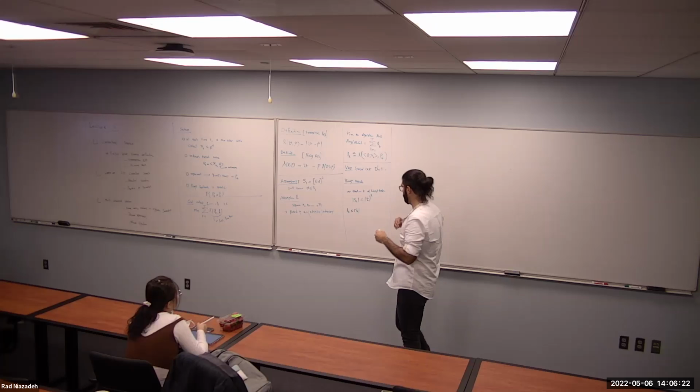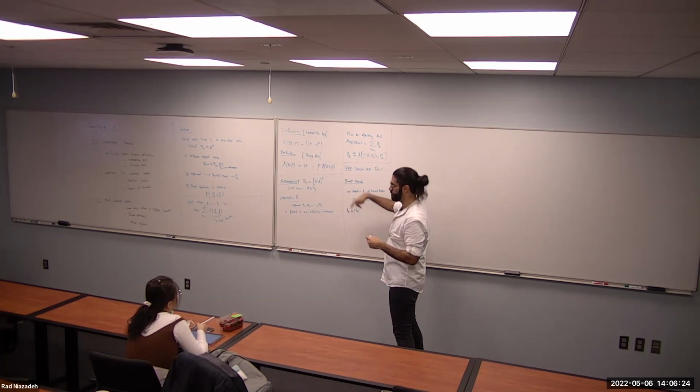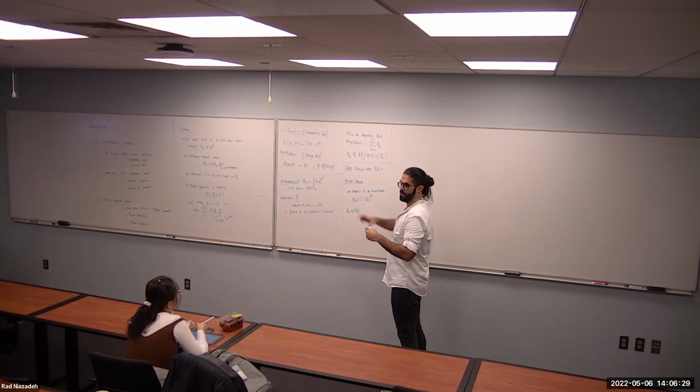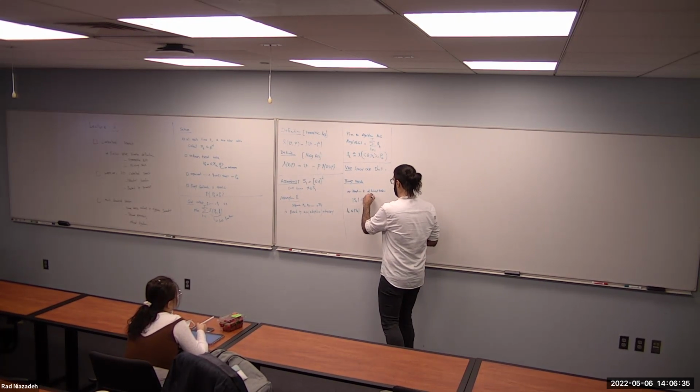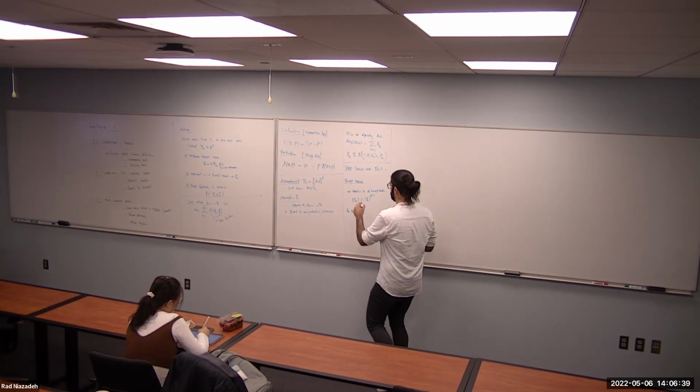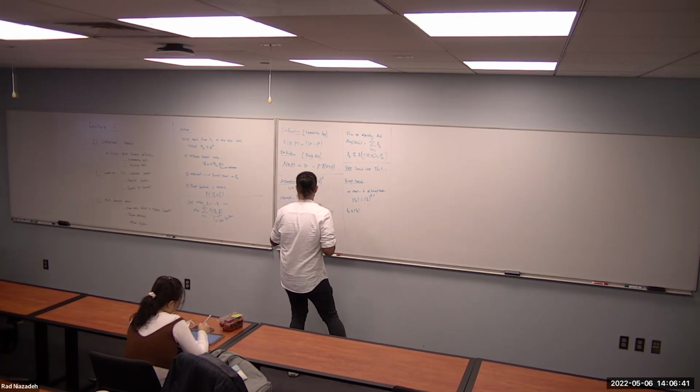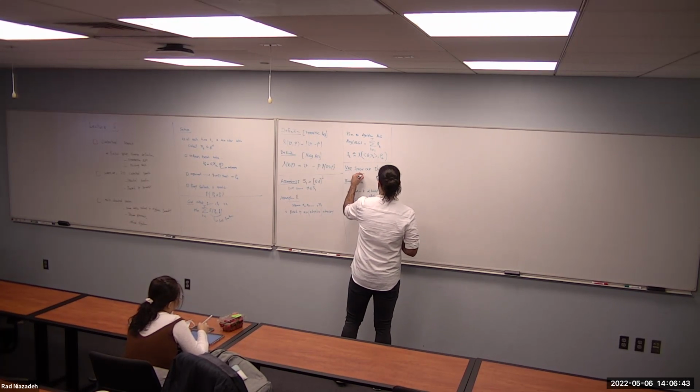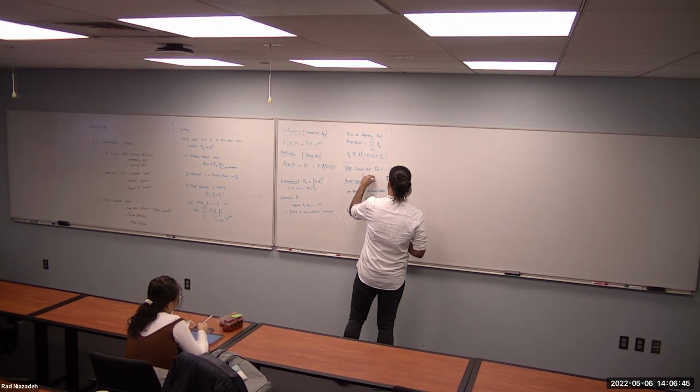Divided by 2. Now, S of t is at the beginning of the interval. If you pick the middle point, then this is going to be k minus 1. So S of t is going to be the knowledge set at the beginning of the interval.